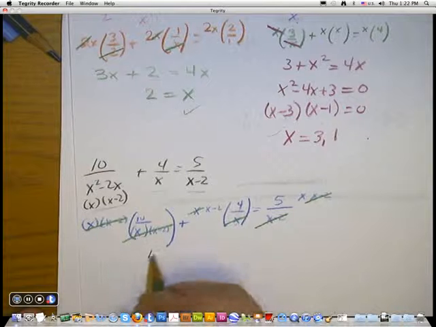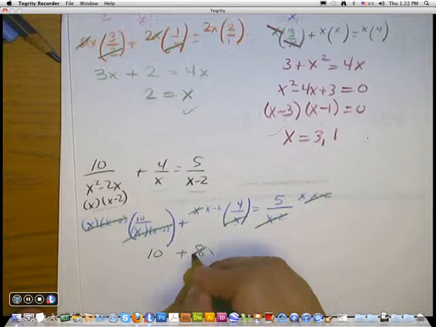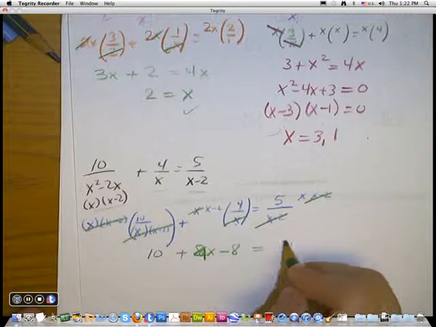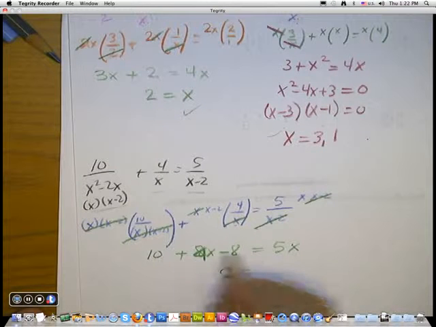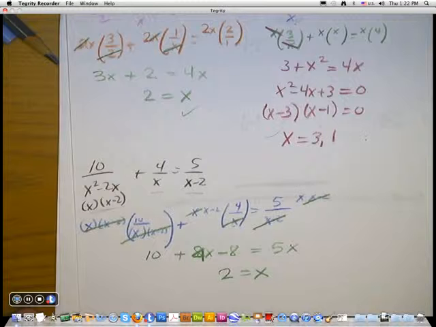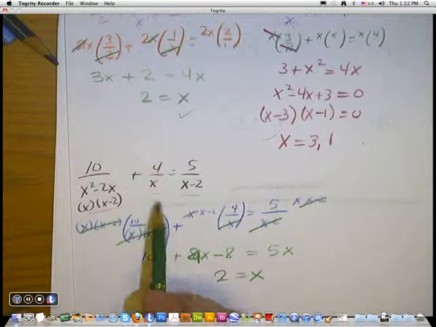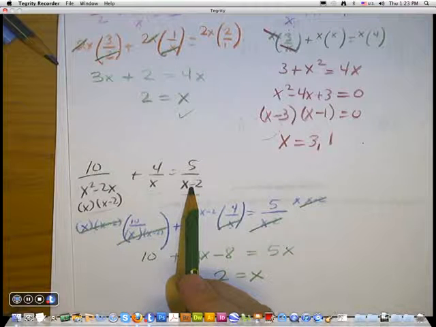Everything cancels, leaving 10. This leaves 4x minus 8 equals 5x. 10 and 8 is 2. Move the 4x. You get x. Check it though. If I put 2 in to my denominator, that one's okay. But if I put 2 over here, not okay.